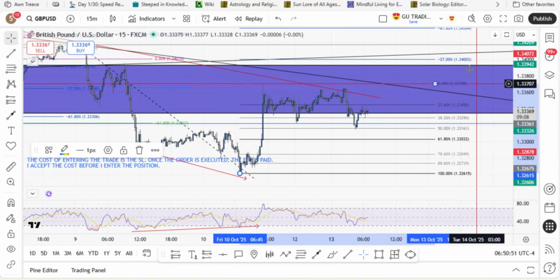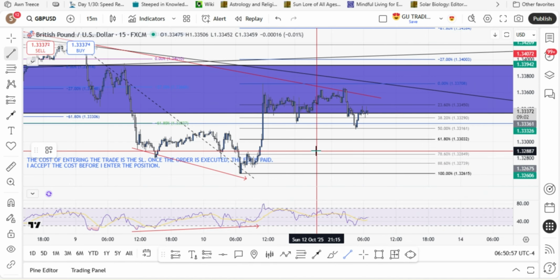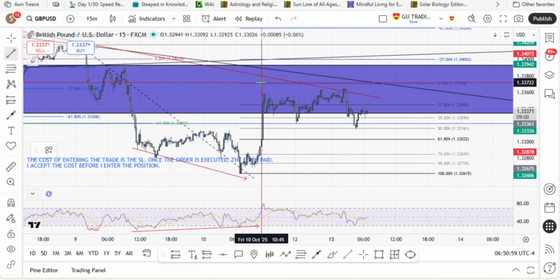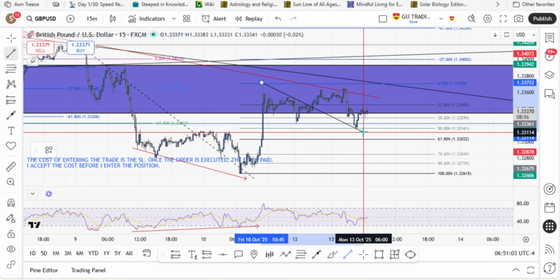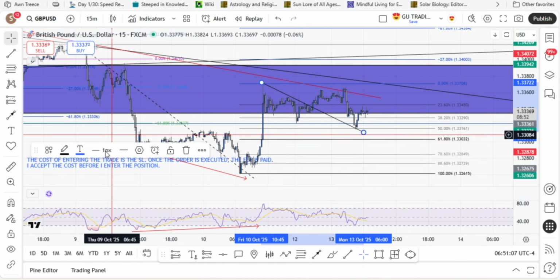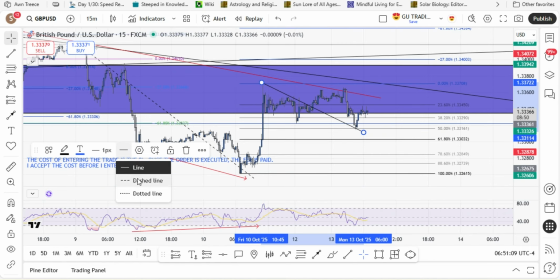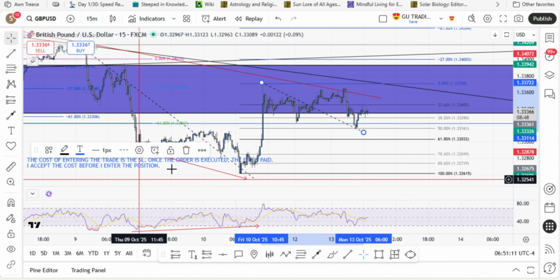Let's see if I can do a counter trend line here. Oh yeah, and there we go. So it looks like right now the money would be a buy.